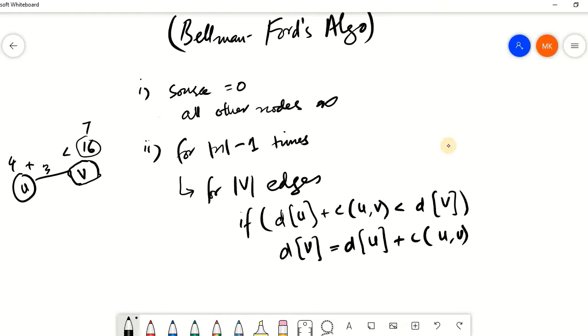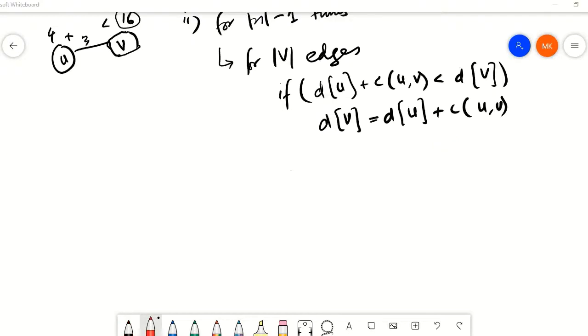So each time we are checking this for all the edges of the network and the process is repeated n-1 times. A major difference between Bellman-Ford's algorithm and Dijkstra's algorithm is that Dijkstra's algorithm was only looking at the adjacent nodes of any picked node in order to see if its weights could be modified.